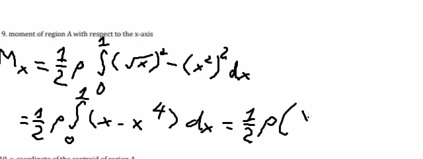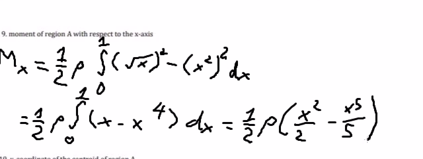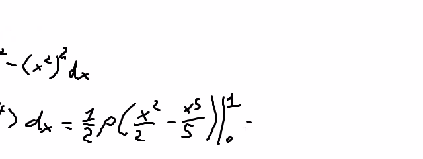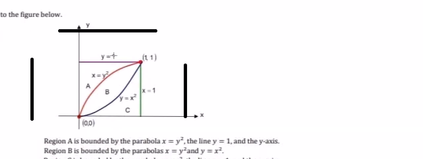And we get s squared over 2 minus s to the power of 5 over 5, and we have the limits from 0 to 1. So we put the numbers in here. It's wrong, so that should be a in here. And we have number 1 and y equals the square root of s. So 1 minus the square root of s.